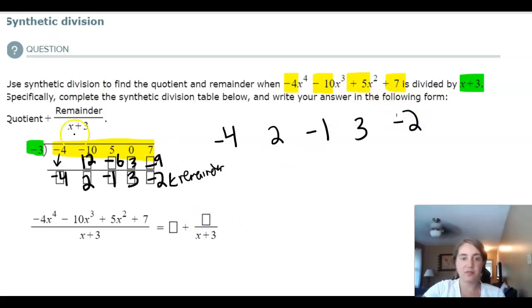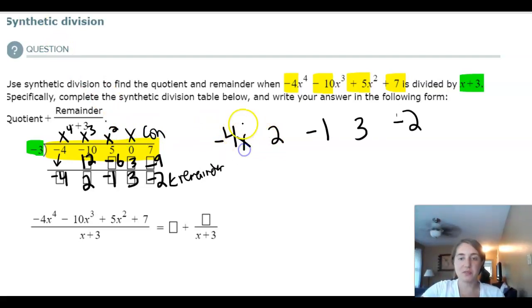And then I would have labeled this x to the fourth, x to the third, x squared, constant. Oh, that's just an x, sorry. We don't have an x, so we put a 0 there. And now it goes down a power.